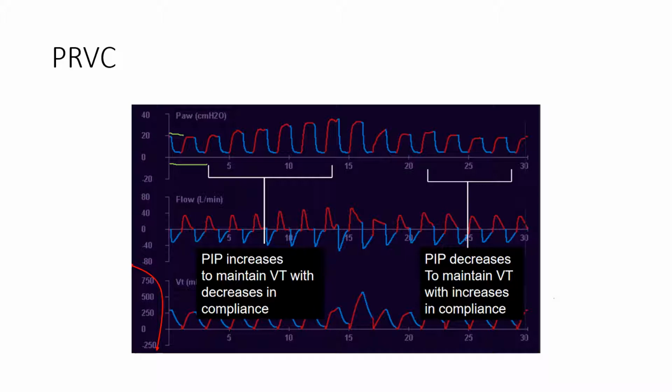So here the PIP is slowly increasing in an attempt to maintain the tidal volume as the compliance is decreasing. Over here further to the left, you see the PIP is decreasing to maintain the tidal volume with an increase in compliance. So here we started at a pressure of 35 or 40, and then it drops down to like 20.